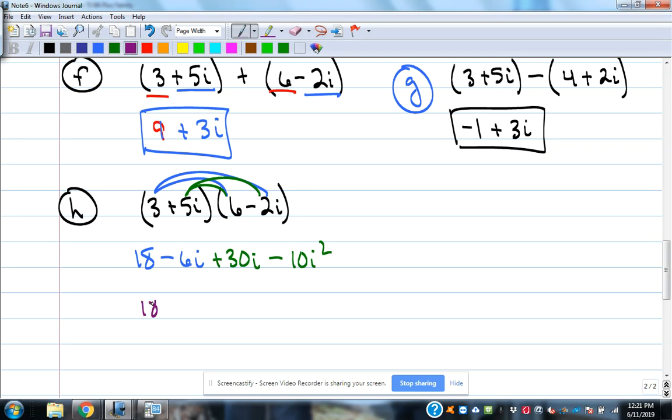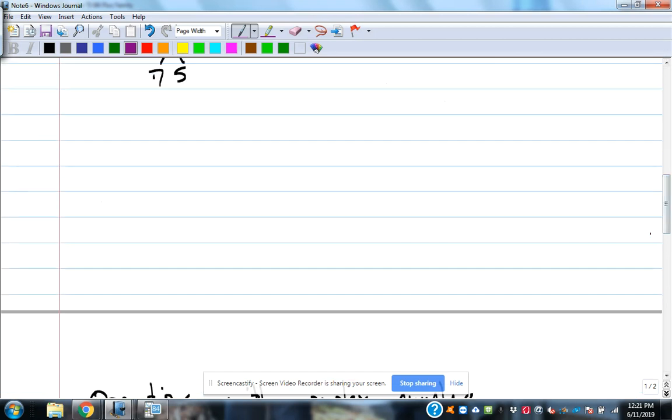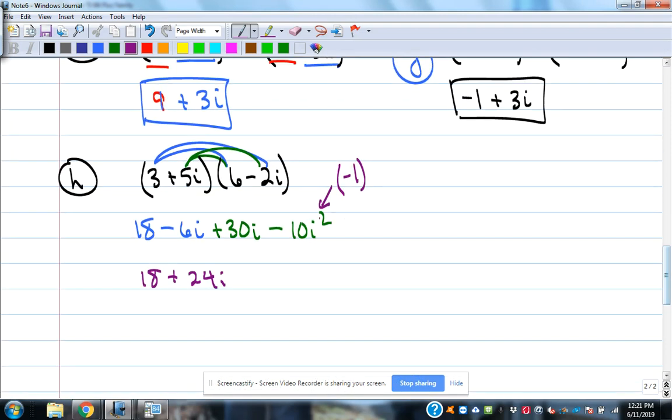So that'd be 18 plus 24i. And then i squared, remember, was -1. If we go back to that chart at the beginning of this lesson, i squared turns into -1. So that's going to be plus 10. Then simplify that, that'd be 28 plus 24i.